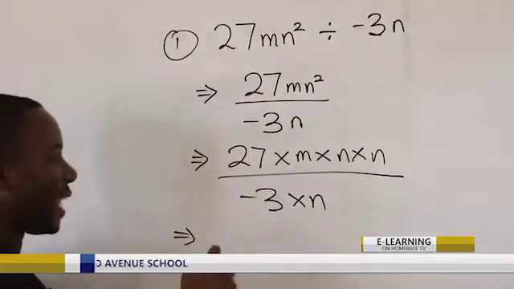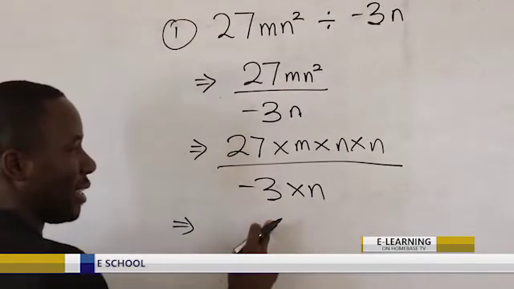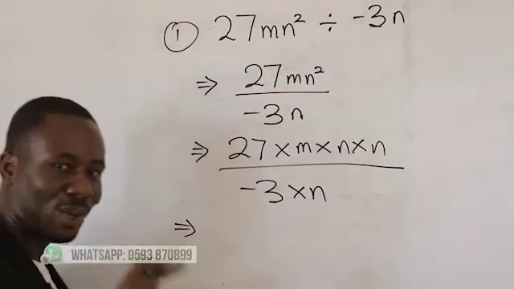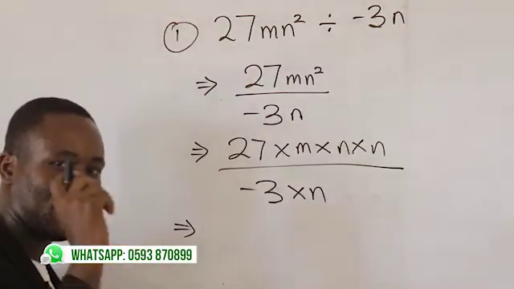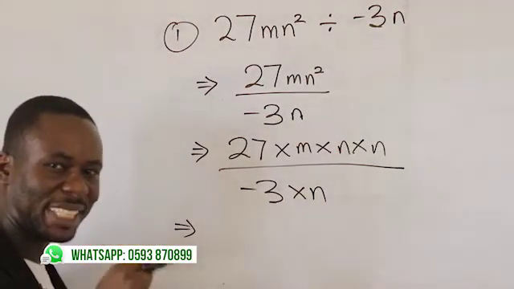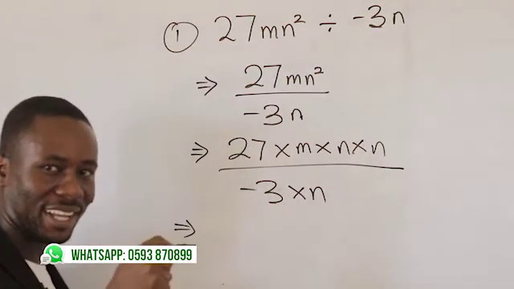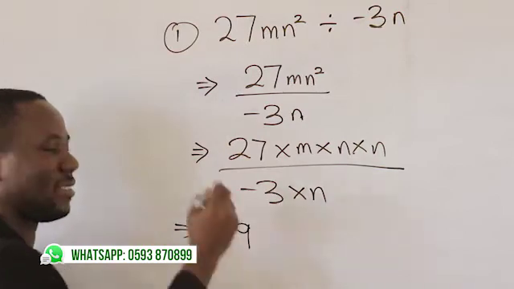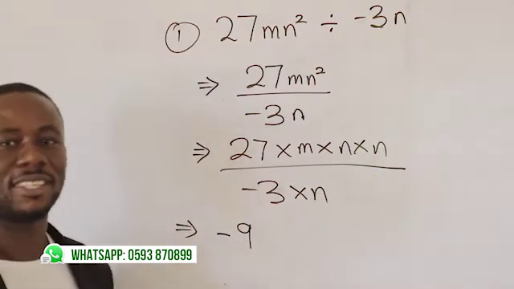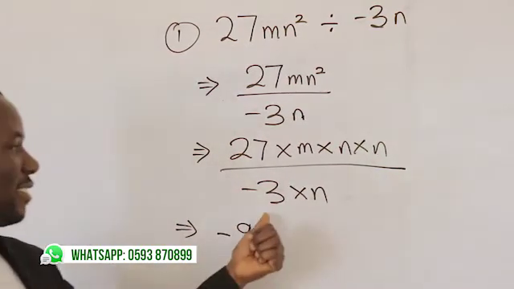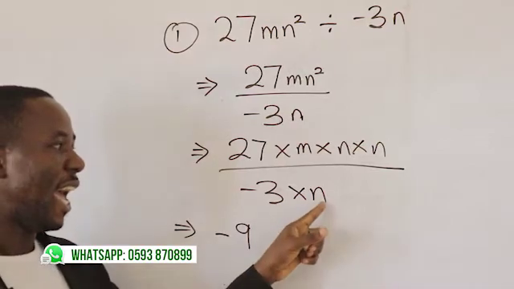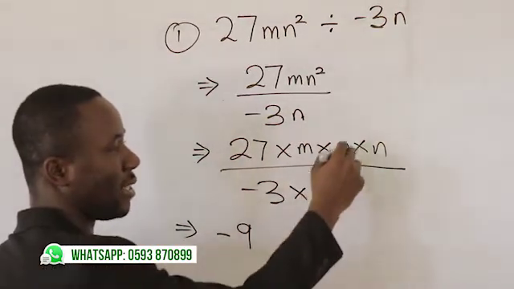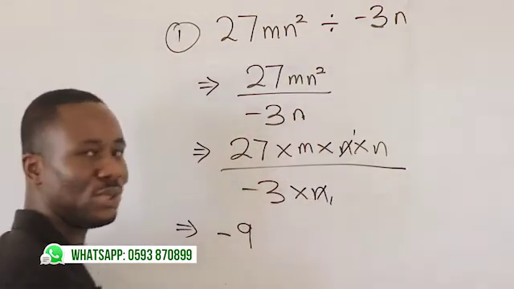We are dividing the number by number. 27 divided by negative 3. What do you think will be the answer? When a positive divides a negative, you still get a negative answer. That gives us negative 9. N cancels one of it at the top. You already know cancellation.